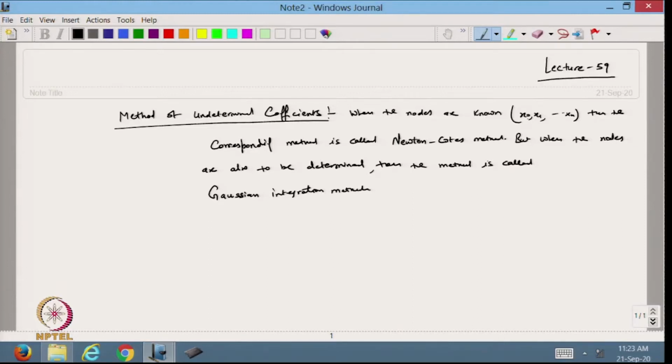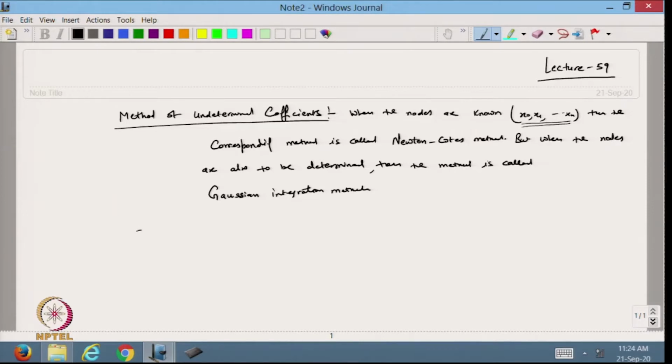So, when the values of these nodes are known to us, we call it the Newton-Cotes methods, otherwise it is called the Gaussian integration methods. Let us do one example of how we can deal with the method of undetermined coefficients.